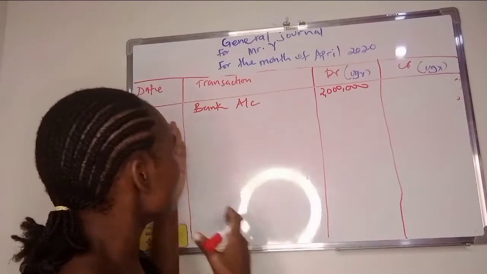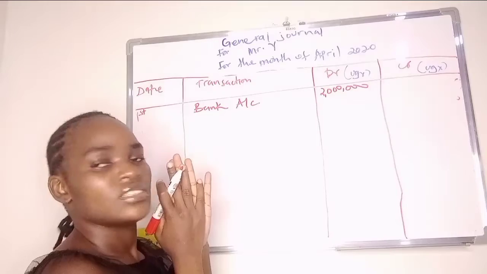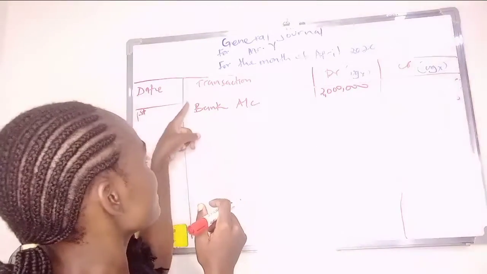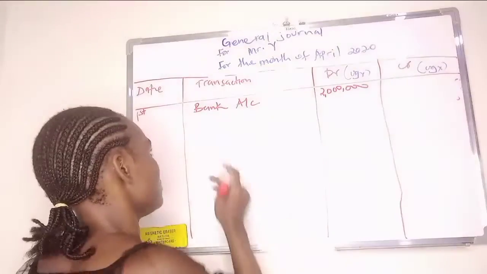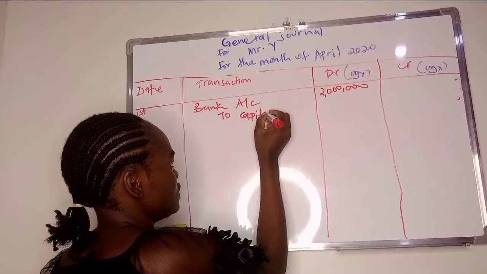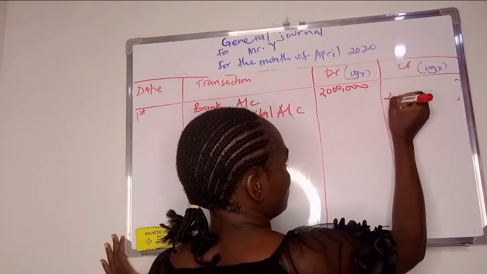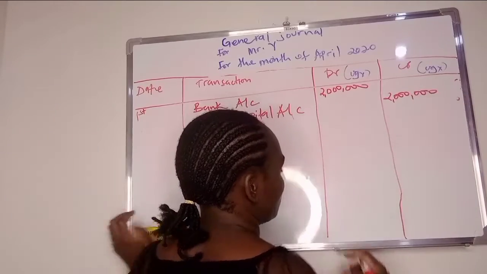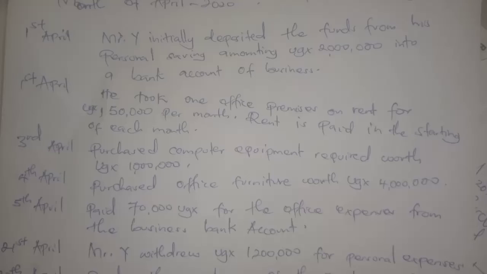The next account, you do not write it on the same line. You kind of paragraph it. Like this has started from here, so the next account, the credit account, you write here somewhere, to capital account, which is 2 million. You are supposed to put the same figures on both the debit and the credit. So that is it.